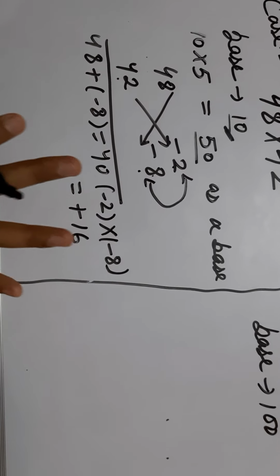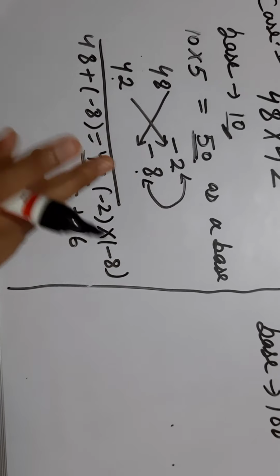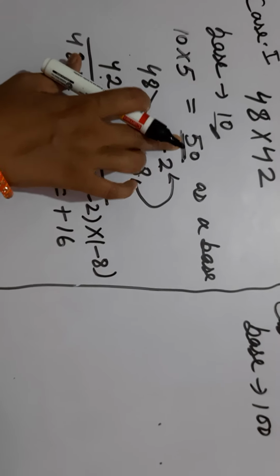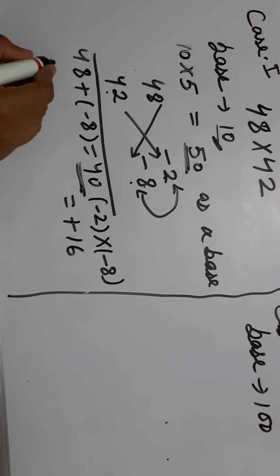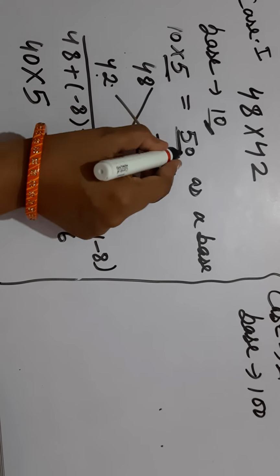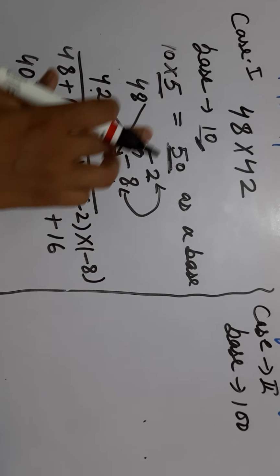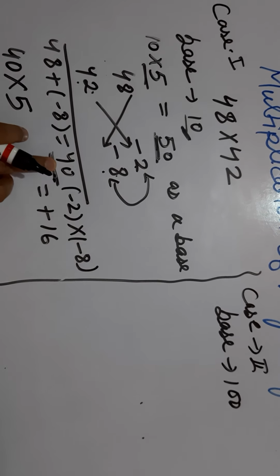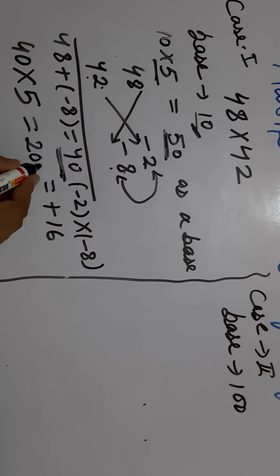So what we can do first? Here we get 40. If we are taking 50, we multiplied the base by 5. Here we get 40. Whatever we multiplied to the base to make the base, 5, we multiply the same to the answer of the addition operation. So what we get?